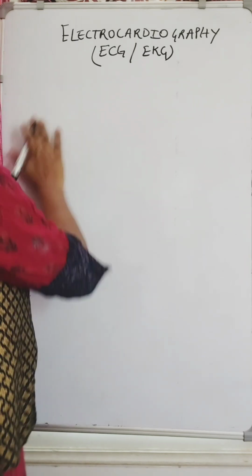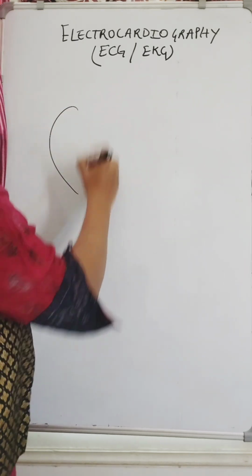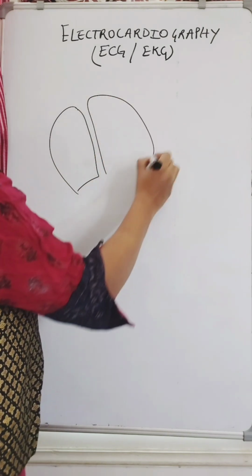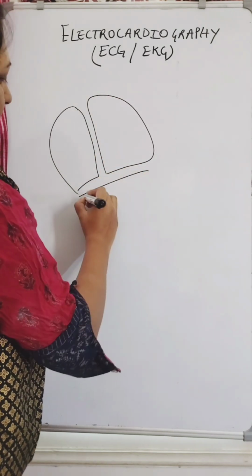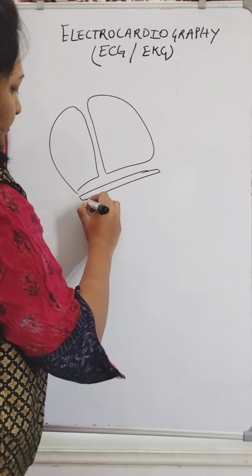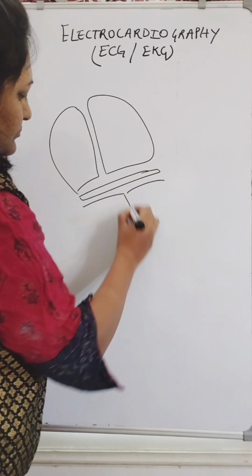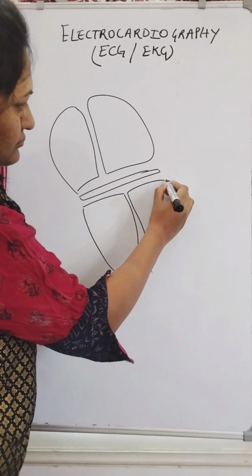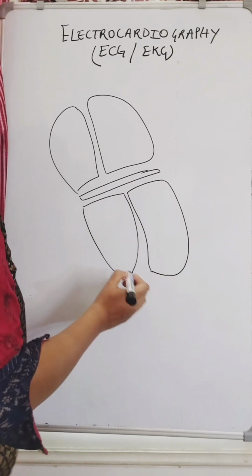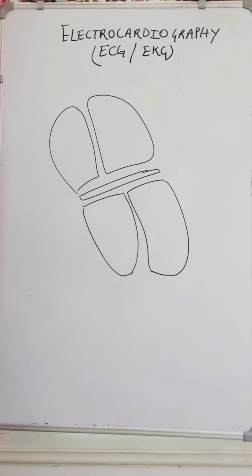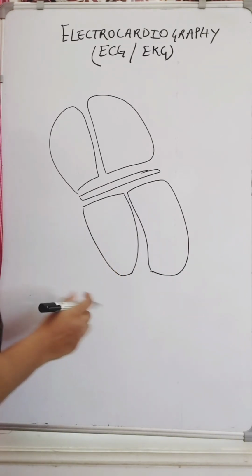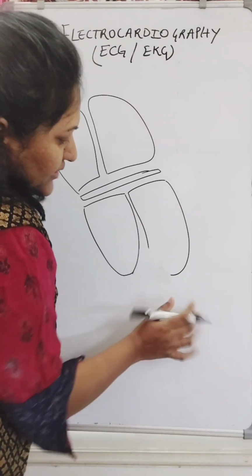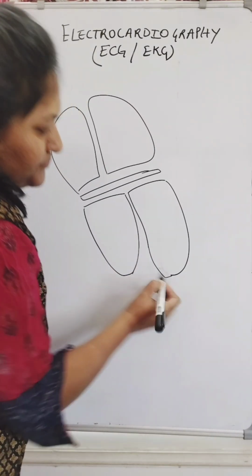So for example, if this is our human heart, it should not be like this, maybe it is just like this, it should be a little blunt.